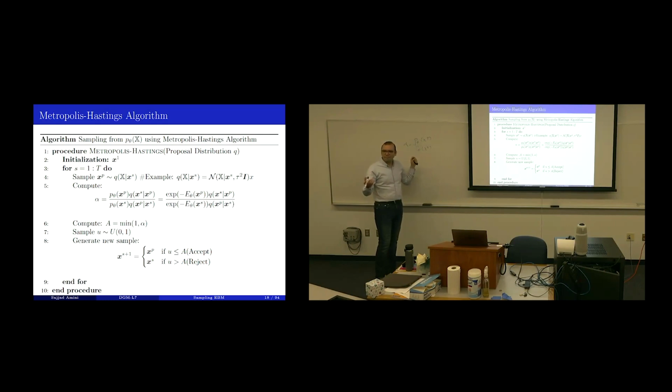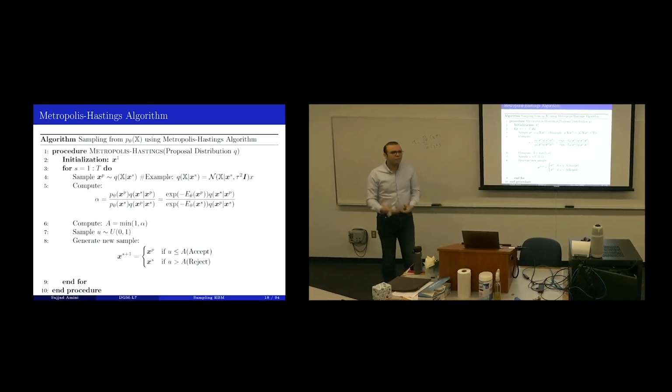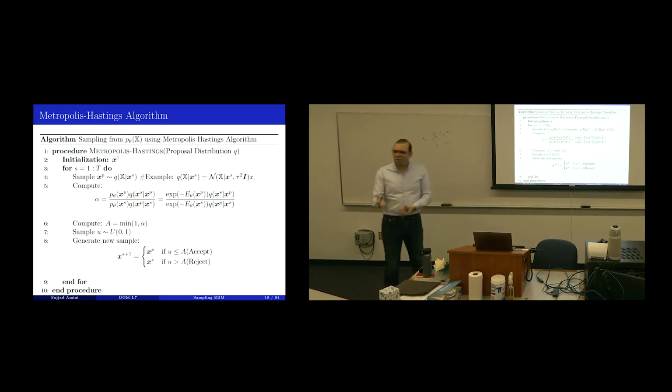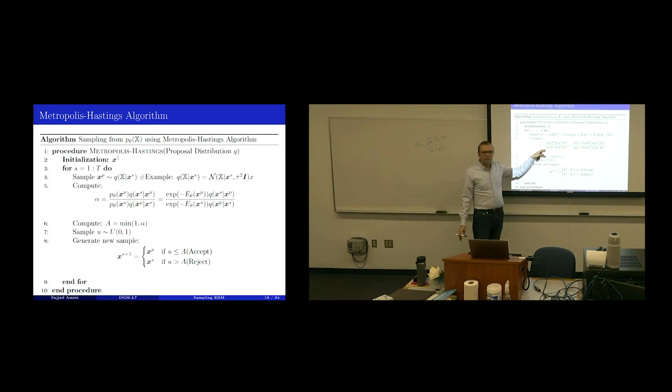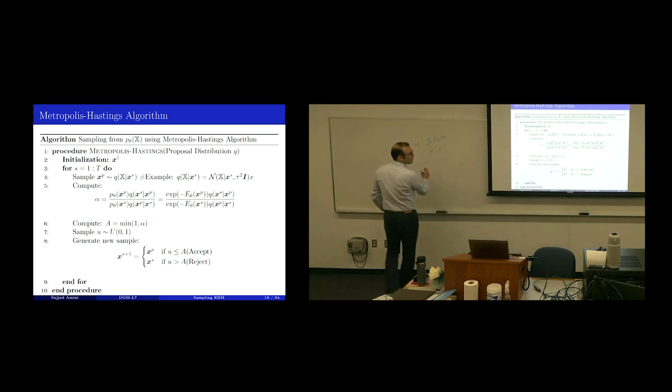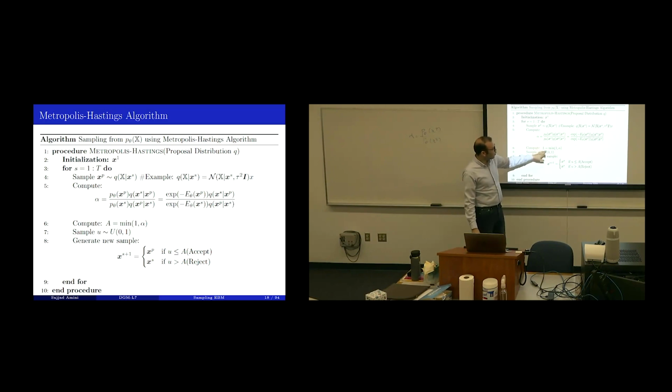When the proposed sample is more probable than the sample at hand, alpha is greater than 1. Here, the uppercase A is 1. It means that with probability A you switch.